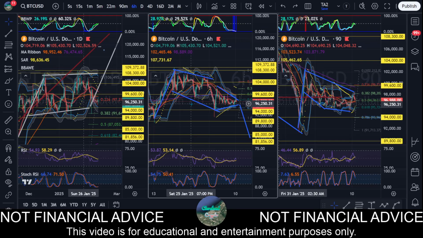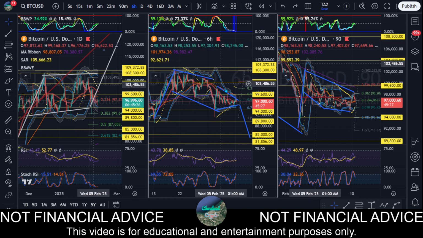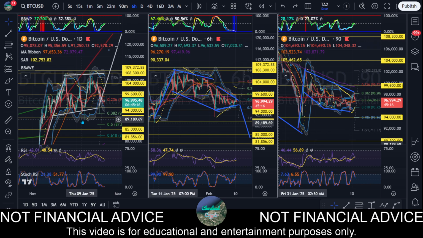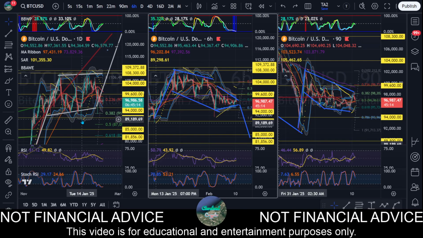Those patterns, usually with lower highs, lower lows, we call those downward trending wedges, and they usually do reverse. We've talked about this before. If you've listened to my TA before, you've heard me talk about this before.